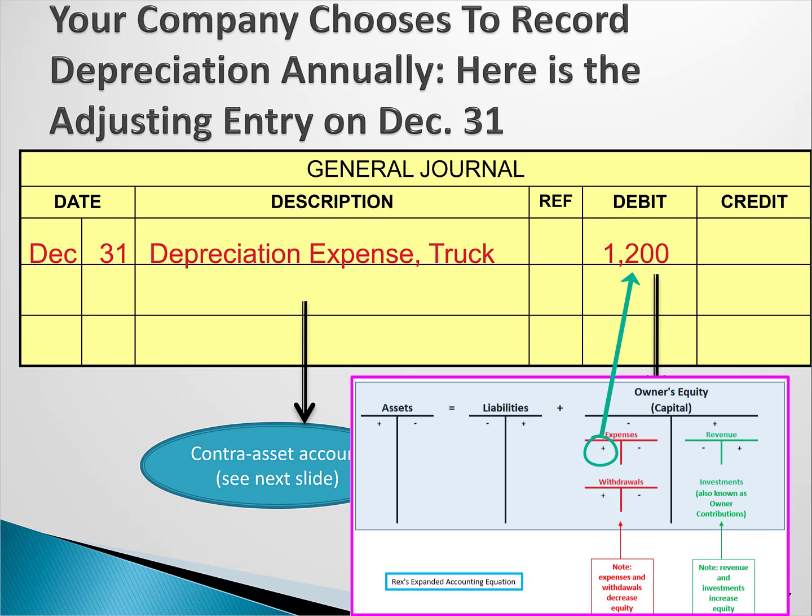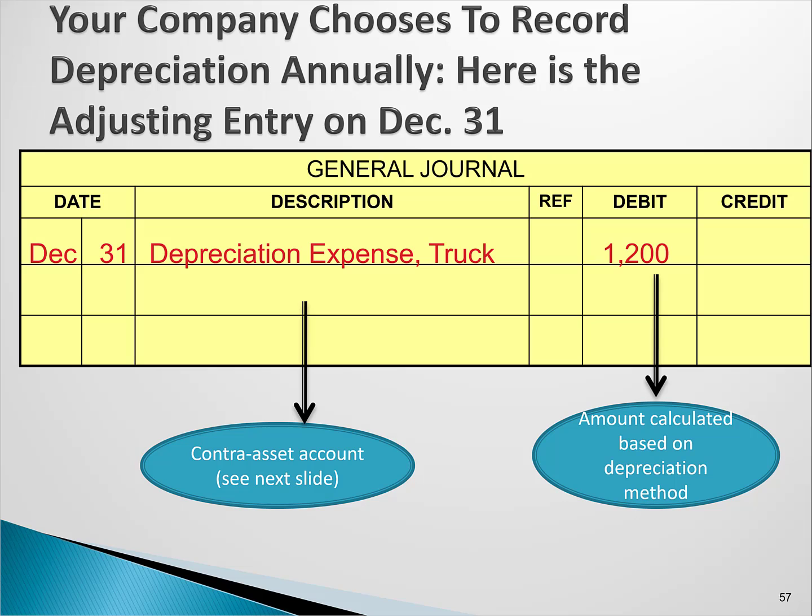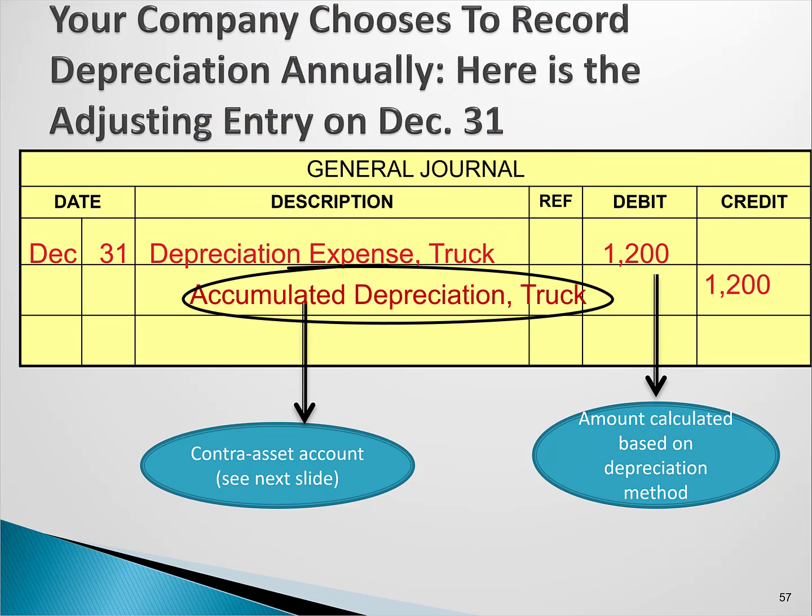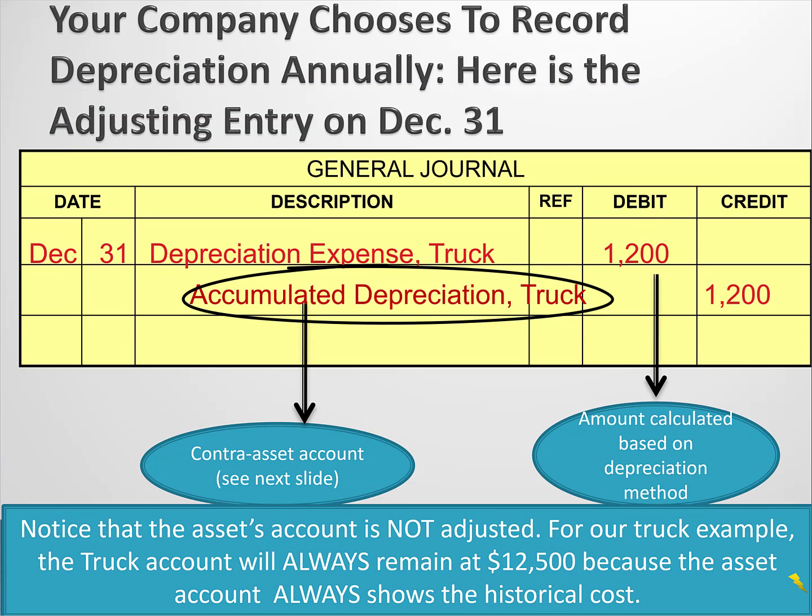And now the credit is a new type of account. It's called accumulated depreciation on the truck, and it is a contra asset. We'll learn on the next slide what a contra asset account is, but just realize that at this point a lot of students think that instead of crediting accumulated depreciation, we would lower the value of the truck directly with a credit.